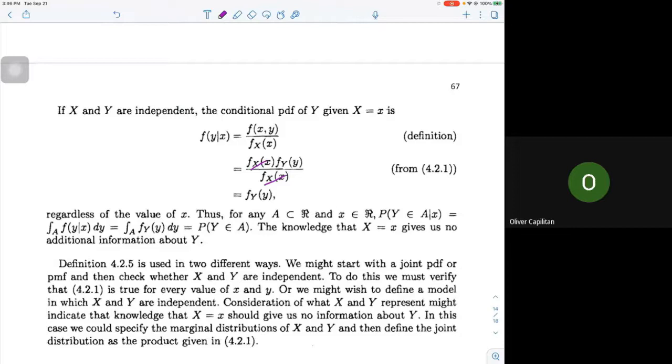And this will be equal to the probability of y being an element of A. So the knowledge that x is equal to this realized value x gives us no additional information about y.